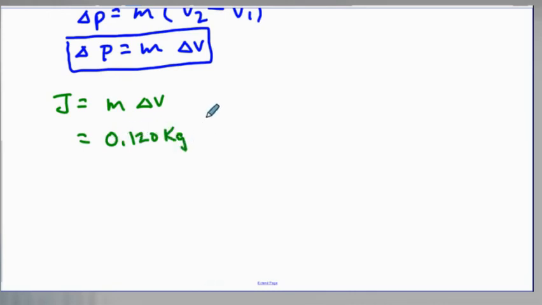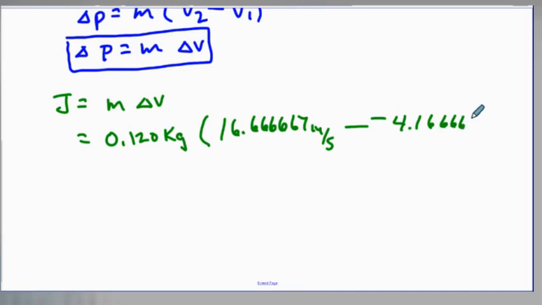And we're going to multiply that by our change in velocity. So we're going to take our second velocity, which was 16.66667 meters per second. And then we're going to subtract. But remember, this had a negative speed, okay? And it was 4.1666667. Okay, so we're basically adding those two things together.